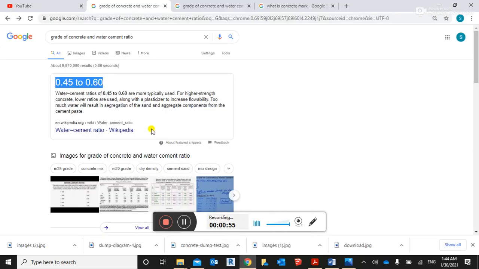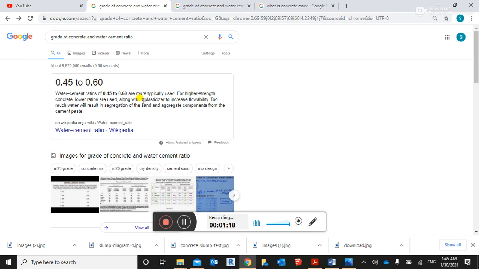Guys, what is water cement ratio? Water cement ratio is the ratio of 0.45 to 0.60 or more, typically used for the high strength concrete. Lower ratio is also used.